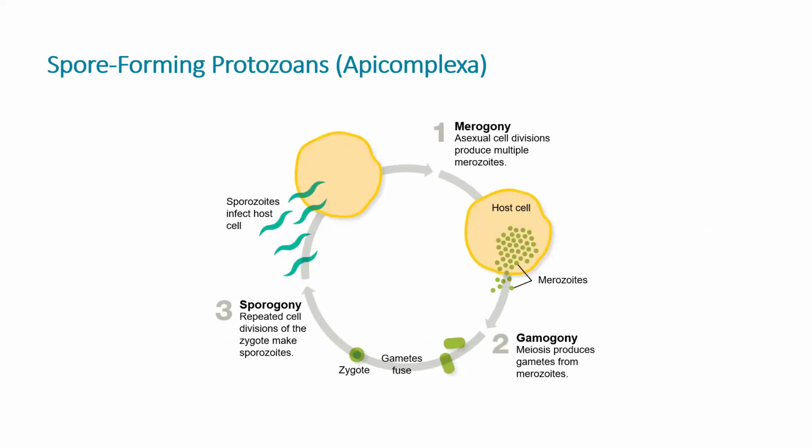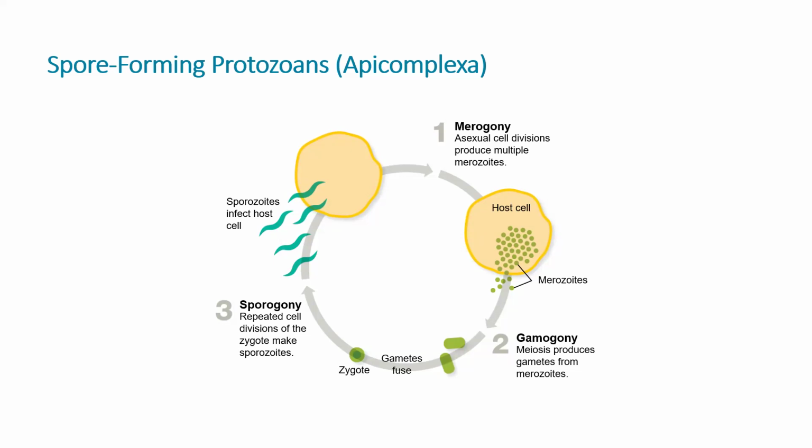All right, and they have this kind of complex life cycle. First, you have merogeny, which is asexual cell division, and it's going to produce these little merozoites. Then that is followed by gamogeny, which has meiosis, and it's going to give you your gametes.